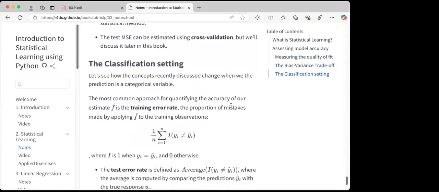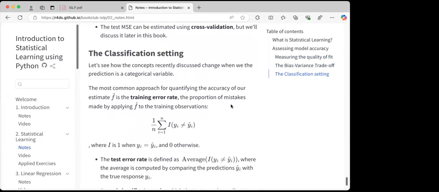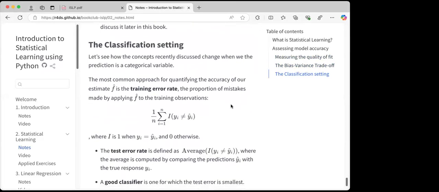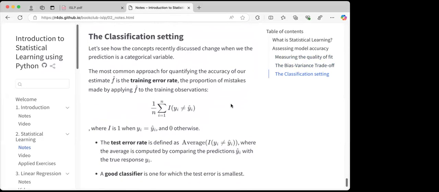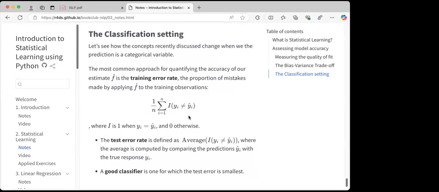So the most common approach for quantifying the accuracy of an estimate f hat is the training error rate, the proportion of mistakes made by applying f hat to the training data, which is obtained by summing I over i from 1 to n, where I is an indicator that is 1 when the true y_i is not equal to the estimated y_i hat, and 0 otherwise.